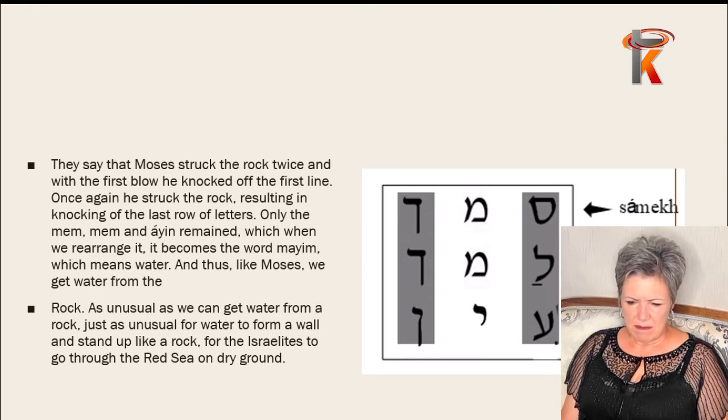Only the mem and the ayin remained, which when rearranged becomes the word mayim, which means water, and thus, like Moses, we get water from the rock, as unusual as it is to get water from a rock, just as unusual for water to form a wall and stand up like a rock for the Israelites to go through the Red Sea on dry ground.